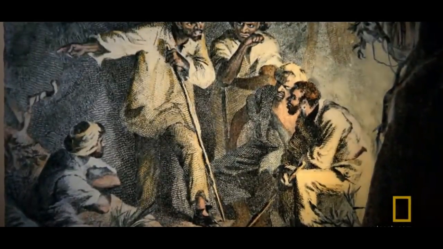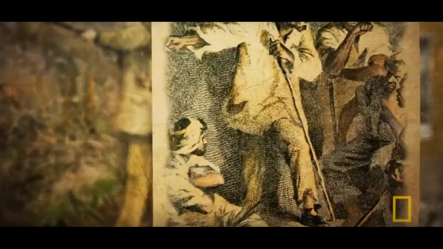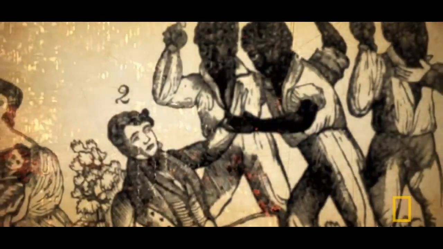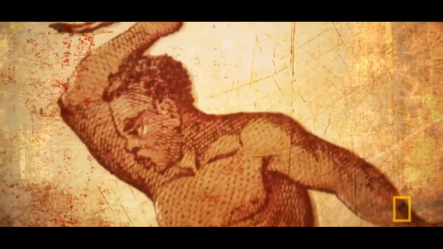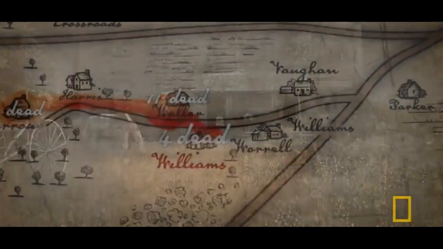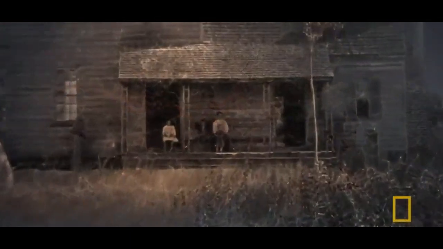They vowed before they started their revolt that they would kill every white person they saw. Men, women, and children. They were done being dehumanized, they were done being treated as property, and they just rebelled. The rebels followed kind of a zigzag path. They stopped at most of the houses along the way, killing the slaveholders and their families who they found there.